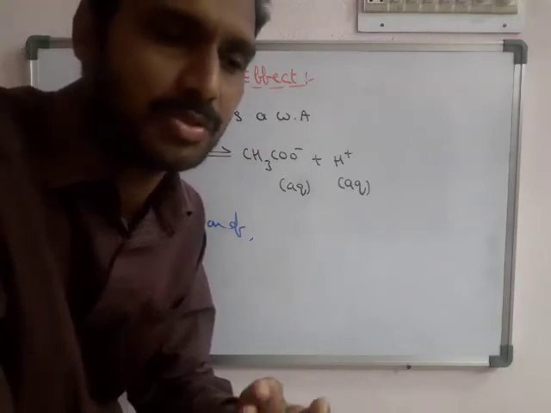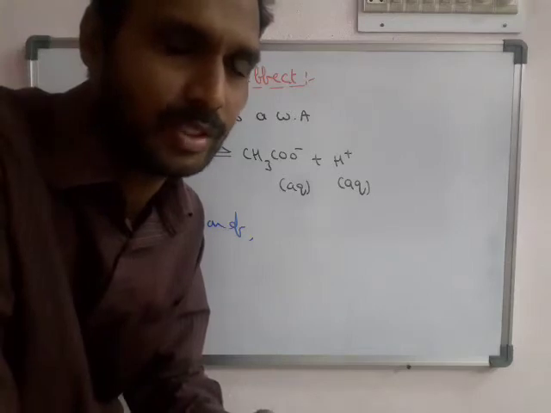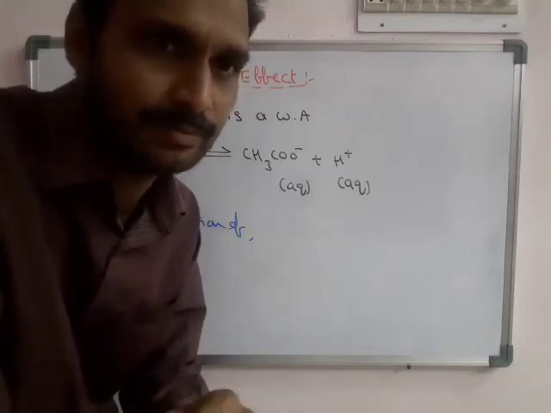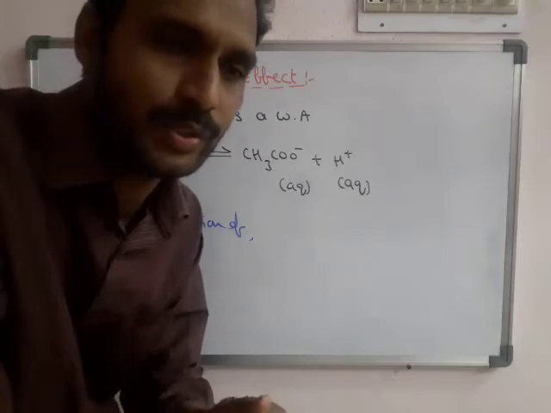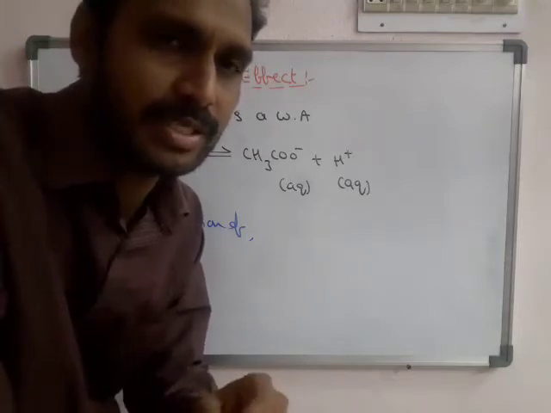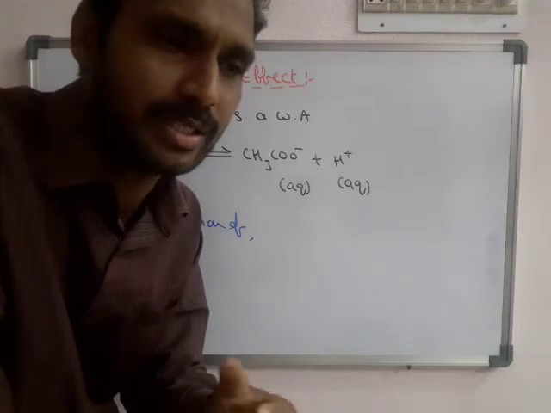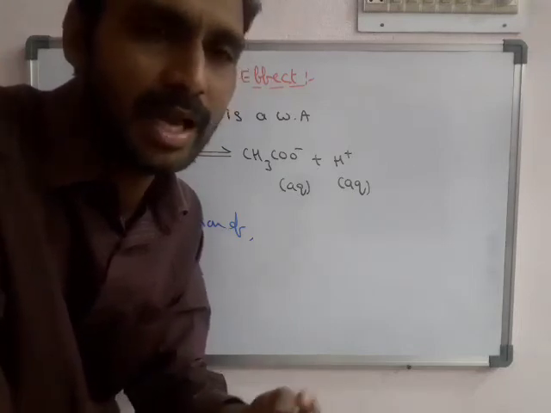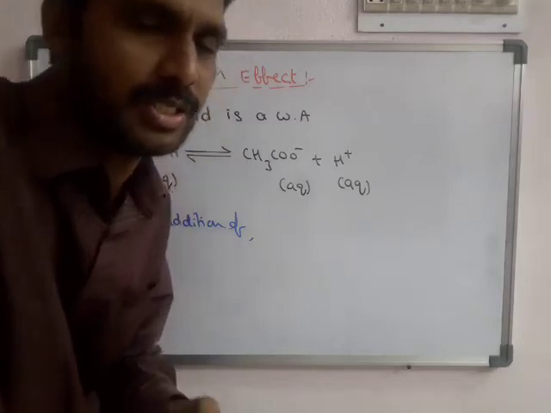Generally salts are also strong electrolytes. Okay, for example, if sodium acetate salt is added to it, we already know sodium acetate is a strong electrolyte because it is a salt. Generally salts have a high degree of dissociation.